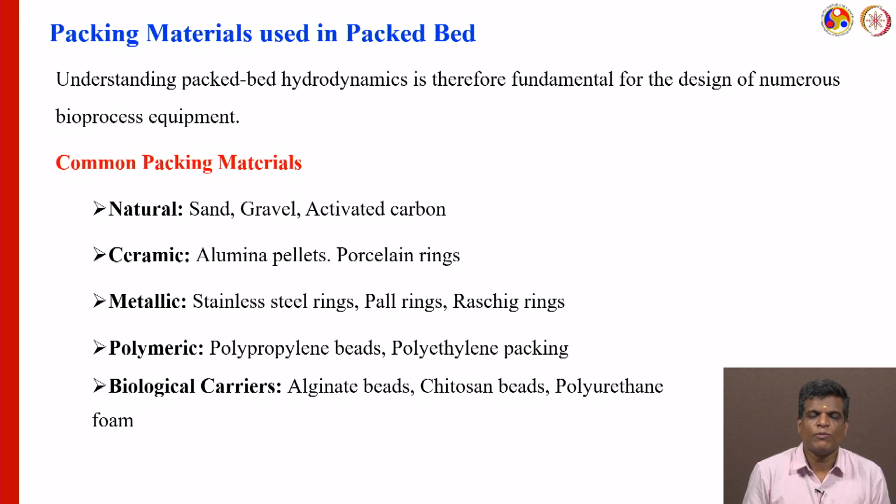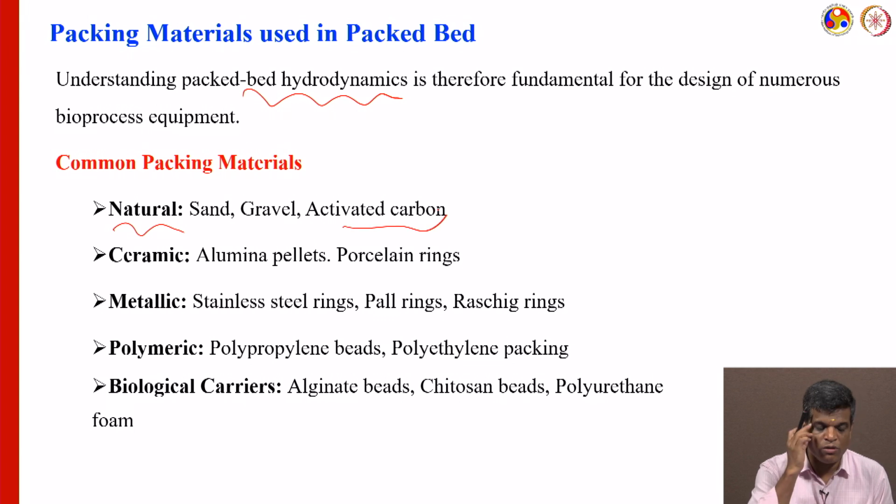Now we discuss what packing materials we use here. Understanding packed bed hydrodynamics is fundamental for the design of numerous bioprocess equipment. So what are the common packing materials? Natural ones: sand and activated carbon. For ceramics, alumina pellets and porcelain rings.